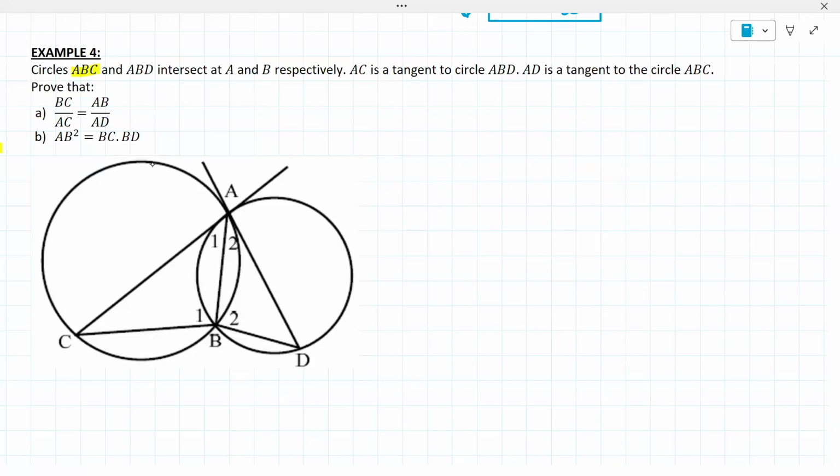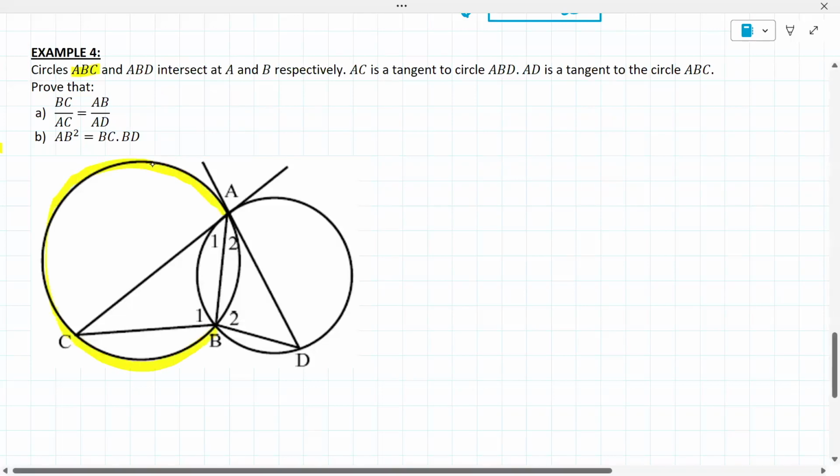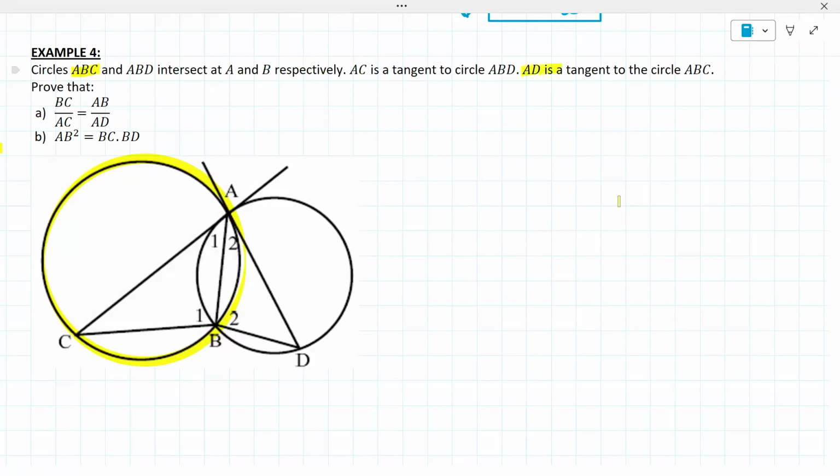Circle ABC is this big circle over here in yellow. All right, in yellow, there it is. And we were told that AD is a tangent to that circle. So here's AD being a tangent to that circle.